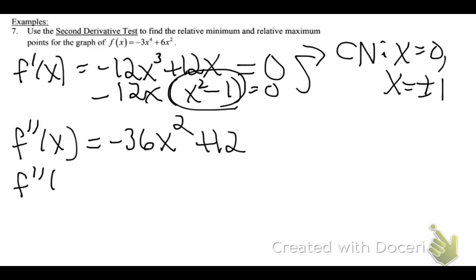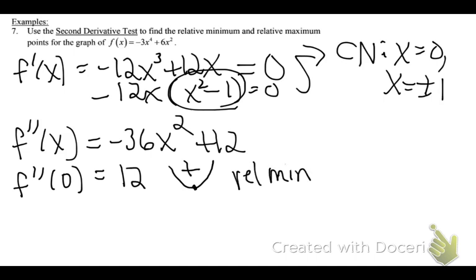So f double prime of 0 is going to be 12, which is a positive output, so we're going to have concave up. This means we have a relative min at x equals 0.